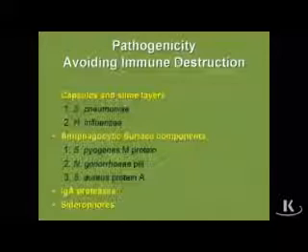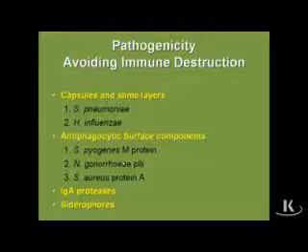In addition to capsules, there are other proteins that function in a similar manner, meaning that they're anti-phagocytic. And we have some of those listed here. The M proteins for Strep pyogenes actually are the most important virulence factor really for Strep pyogenes as far as being anti-phagocytic.